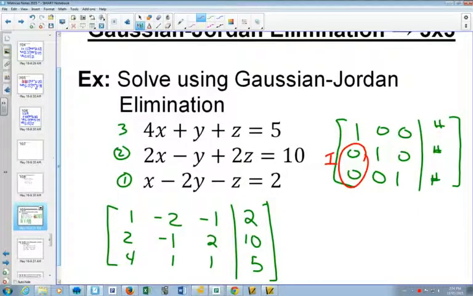Then we get this 0 second. So you get your bottom left-hand corner of zeros first. Then once you've got this bottom row with 0, 0, and then there might be a number there, you can just divide that whole equation by that number to get a 1 there for your third thing.